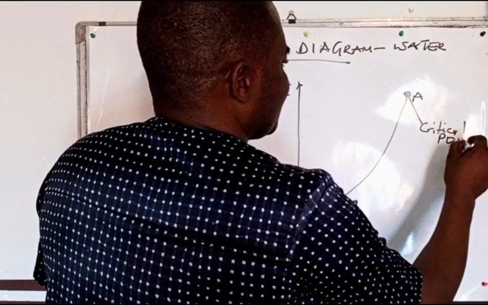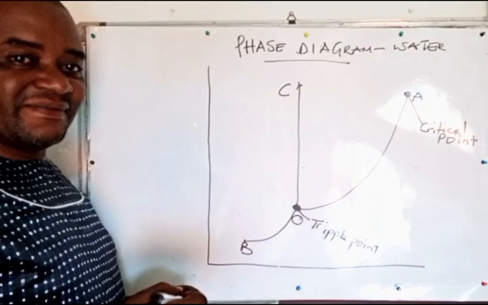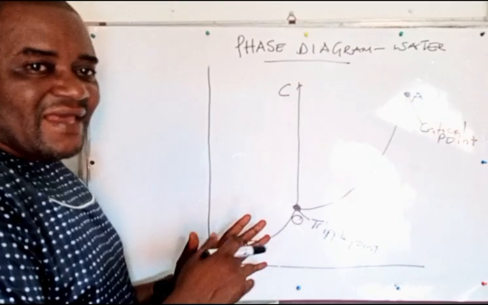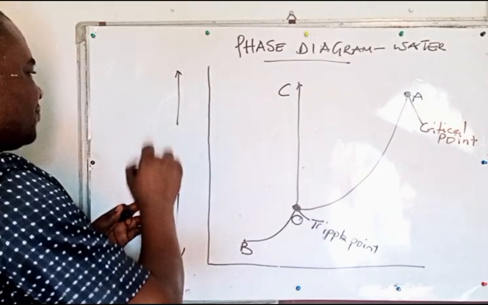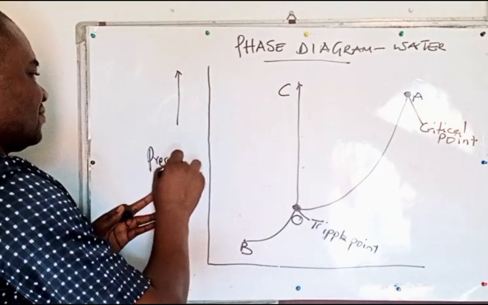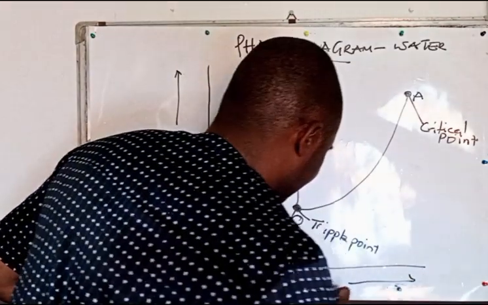You see, what happened here is that the whole of this axis describes pressure, and the whole of this axis describes temperature.